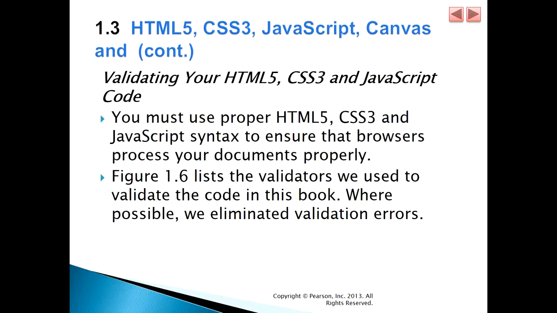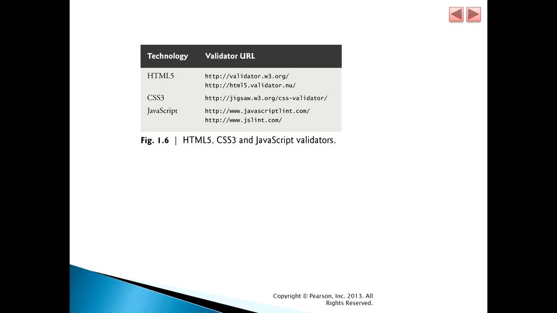We can validate our HTML or CSS or JavaScript by using specific validators. There are a lot of validators online that we can use to find errors. These are 3 examples to validate HTML5, CSS, and JavaScript.